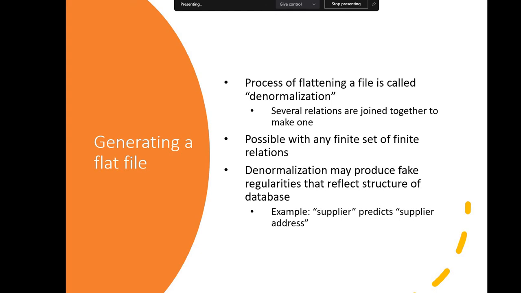But if you want to use machine learning, then you have to denormalize. You have to put everything into one single file. There is some research going on about how to learn when you have data in separate files, but generally we have to have a single file.